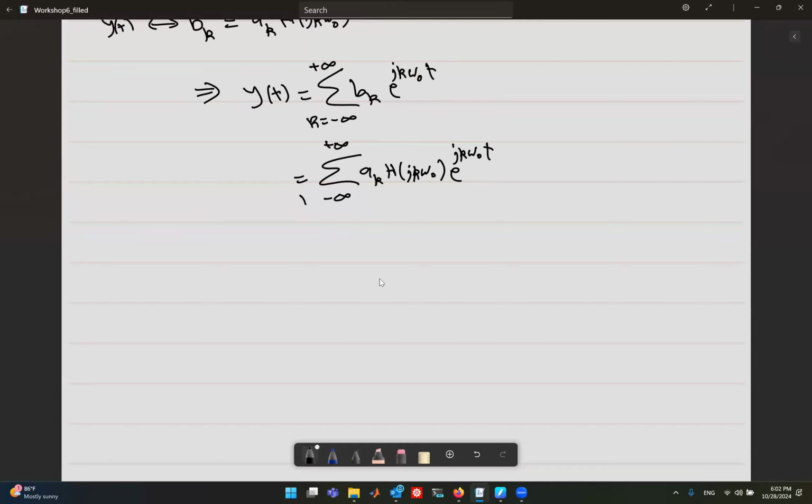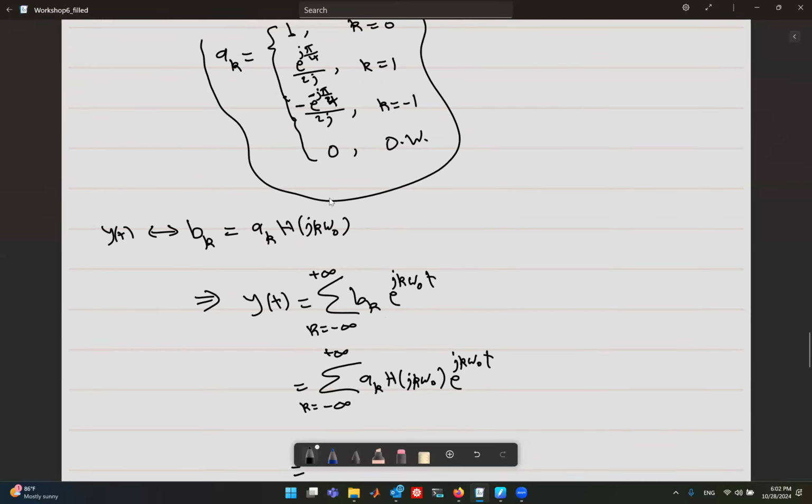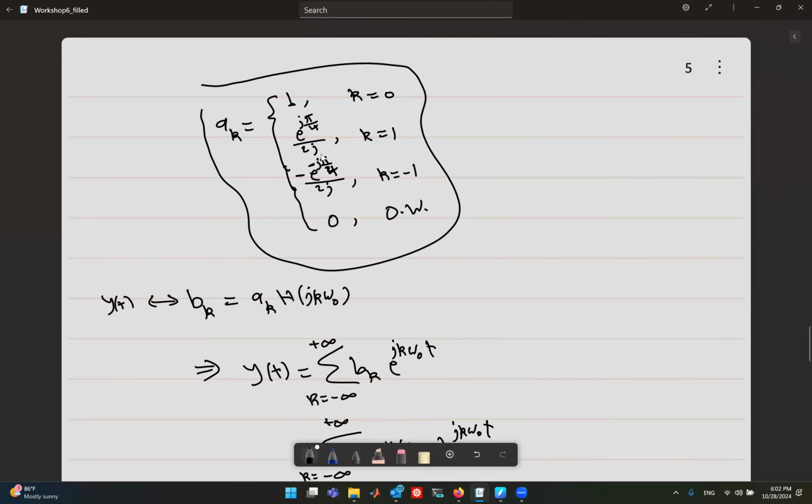And now we have only three terms in this summation. Otherwise, it will be just 0.